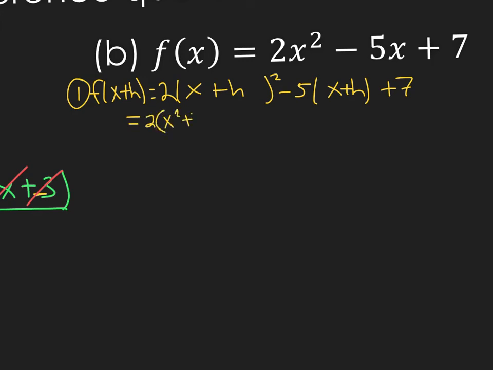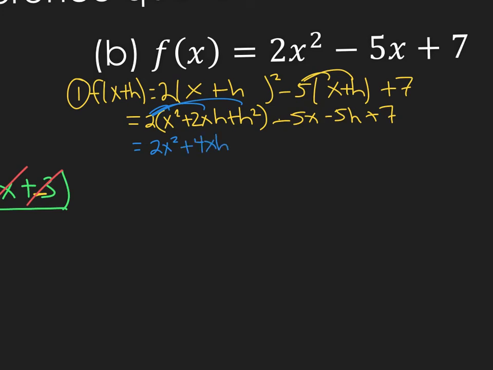So I'm just going to copy that down, and then also distribute the negative 5 through. Negative 5x minus 5h plus 7. Now, the next thing we have to do is distribute this 2 through, and then we should be good to go with this step. 2x squared plus 4xh plus 2h squared minus 5x minus 5h plus 7.